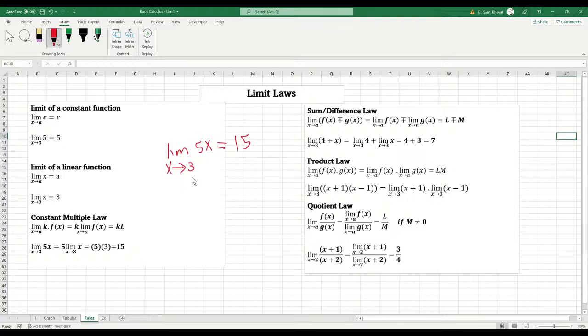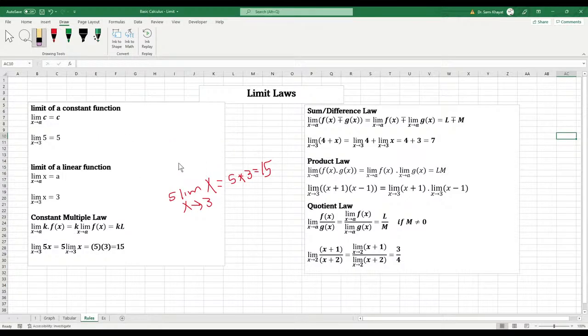But you can take the 5 outside the limit of x approaching 3 of x, and this one, we know, is already 3. So the answer is also 15. This is also a rule when you multiply.